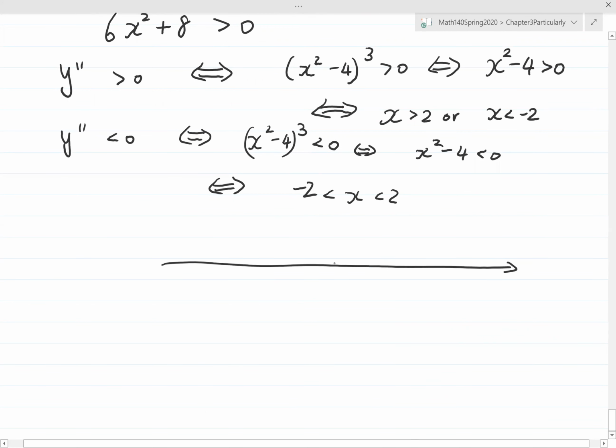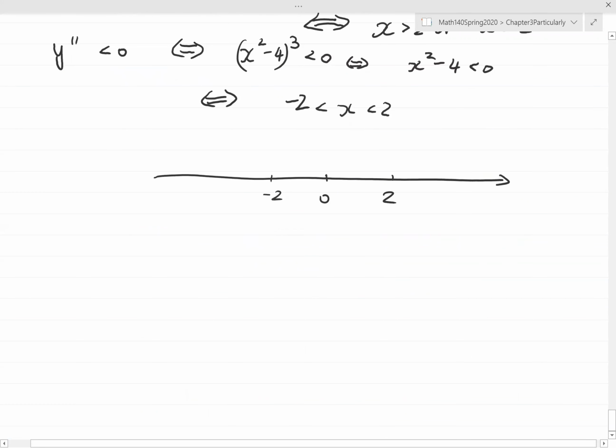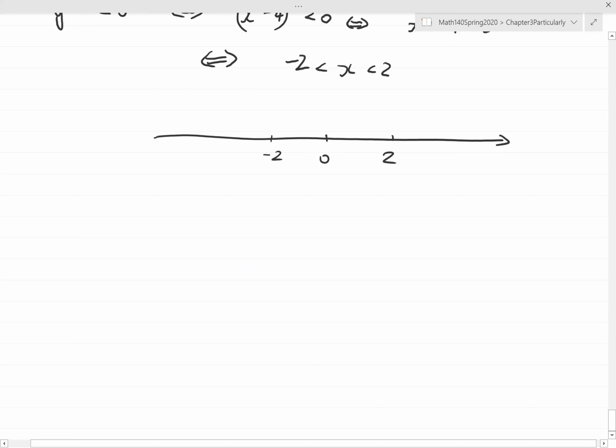So we have 0, negative 2, positive 2. So we put this number line into interval notation here, negative 2 to 0. Now it's symmetric, so you only needed to plot half of the work.